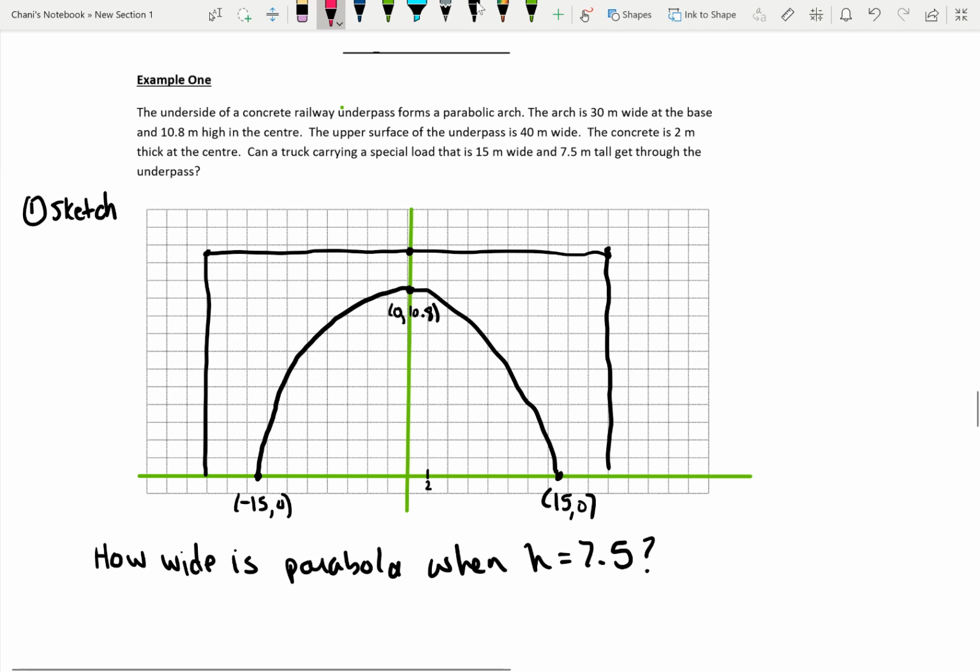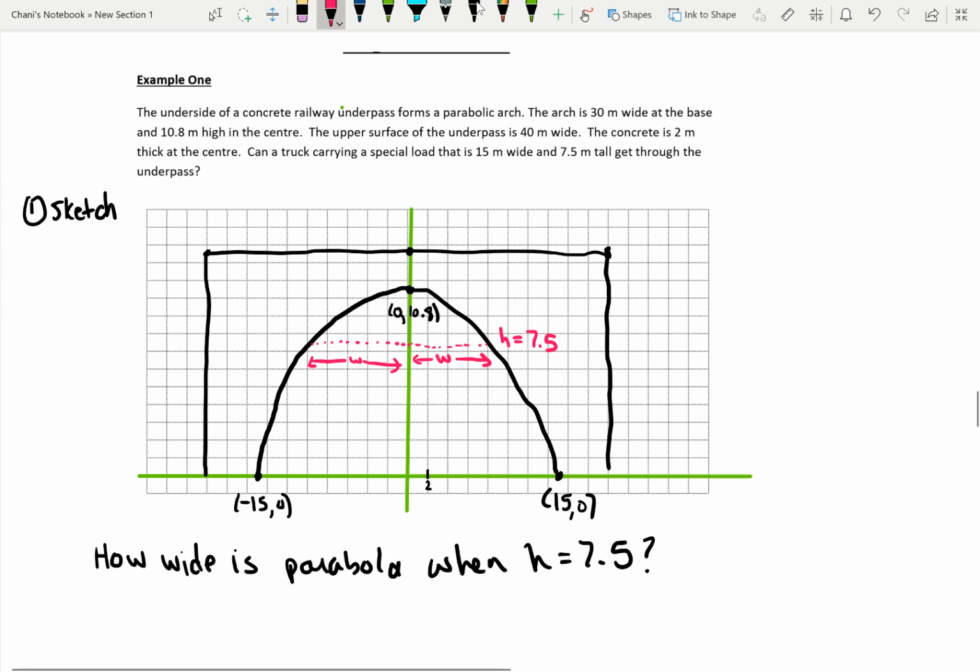So if we go up to 1, 2, 3, 4, 5, 6, 7.5, it's basically saying, how wide is it here? So here's our width going one way, and then it would double going this way.